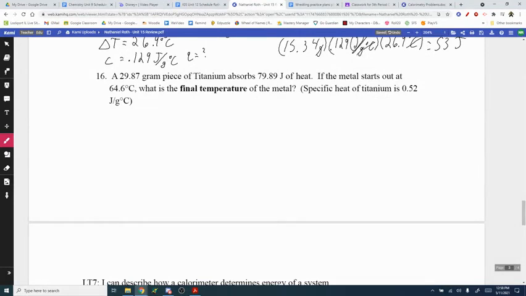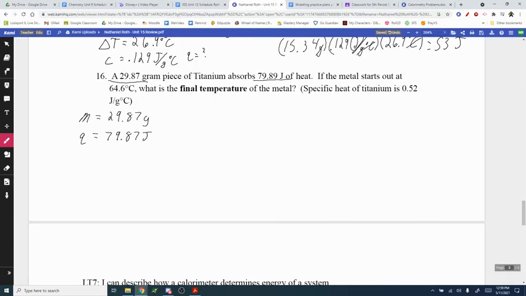Okay, next we have 29.87. So that is our mass. Mass equals 29.87 grams. Absorbs 79.89 joules of heat. So that's our Q because that's energy. It starts out at 64.6. What is the final temperature of the metal?